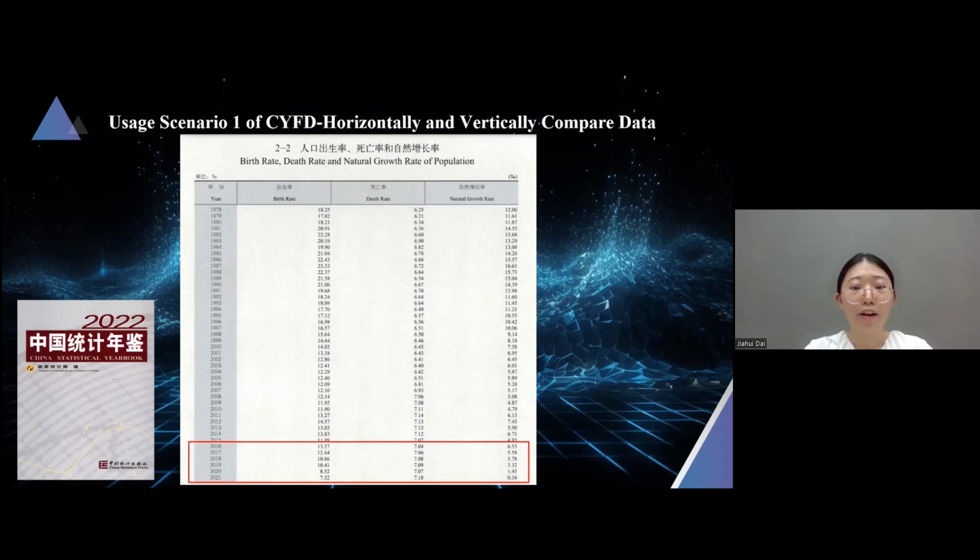During the same period, the death rate increased year by year, with an increase of only 2%. The ratio of birth rate to death rate dropped from 1.9 to 1 in 2016 to 1.04 to 1 in 2021.